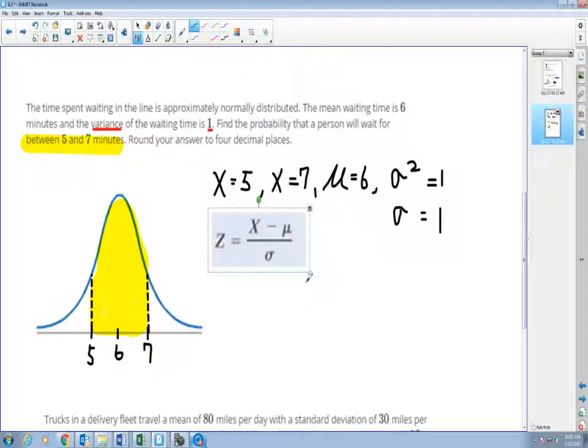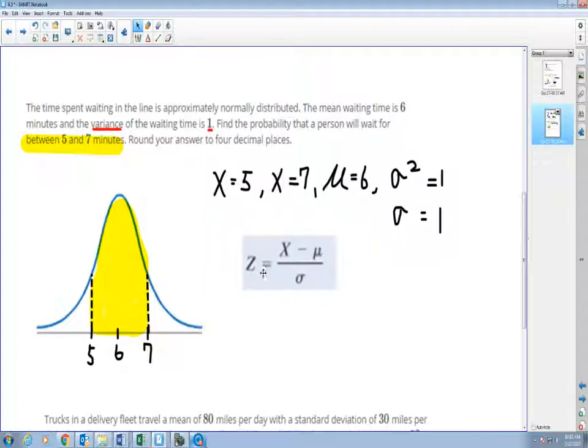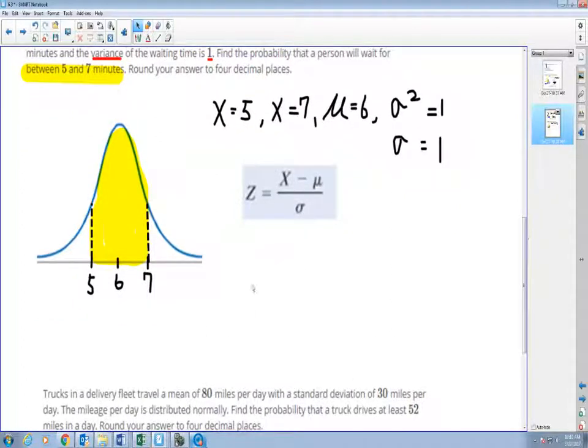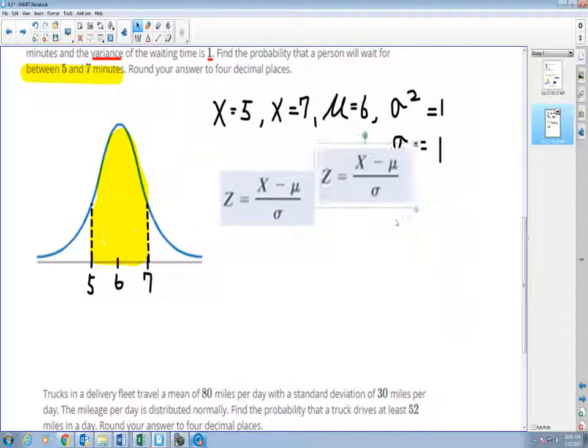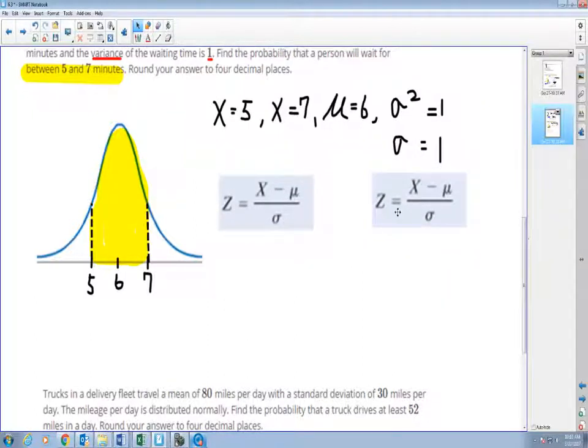So this time I'm going to convert the 5 and the 7 into z-scores. Let's do 5 first, over here on the left. I'm going to put them side by side. So z equals 5 minus 6 divided by 1, which is negative 1. So the z-score here is negative 1.